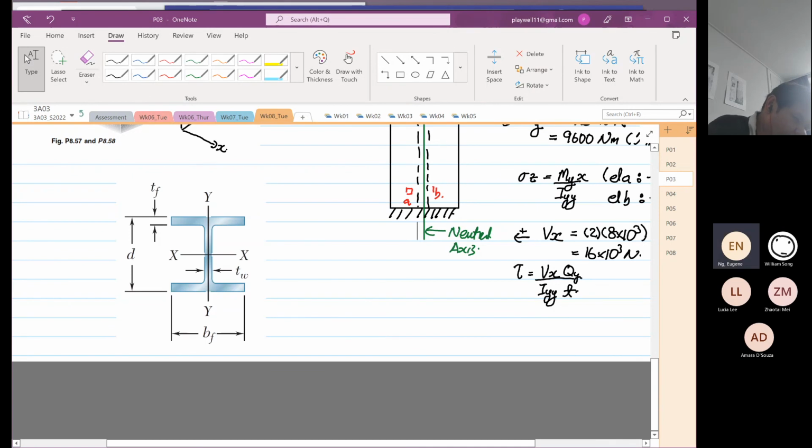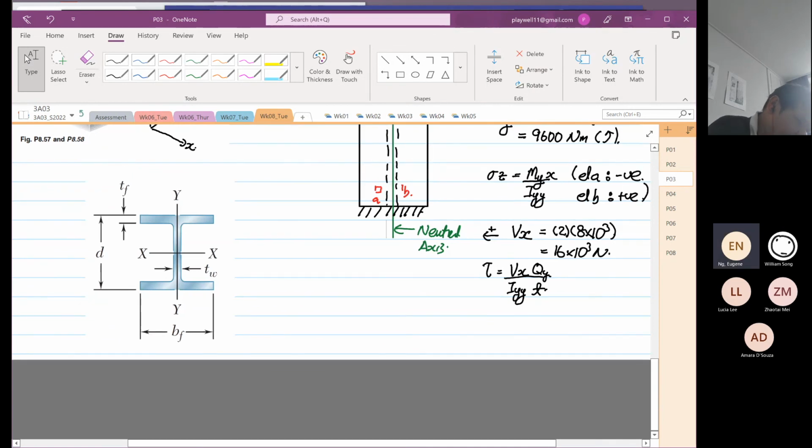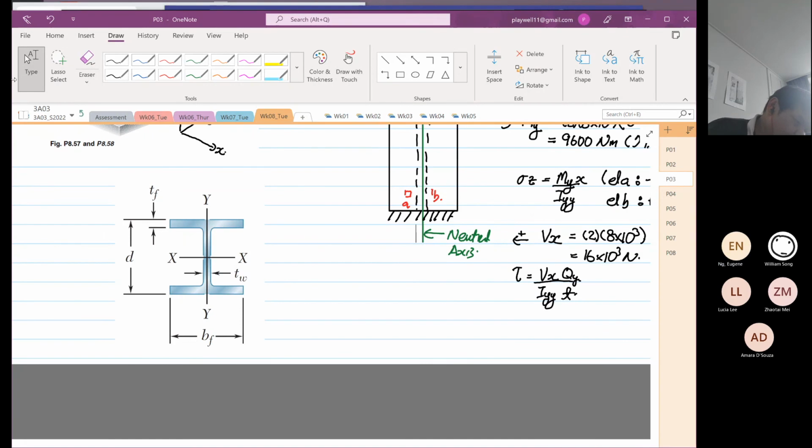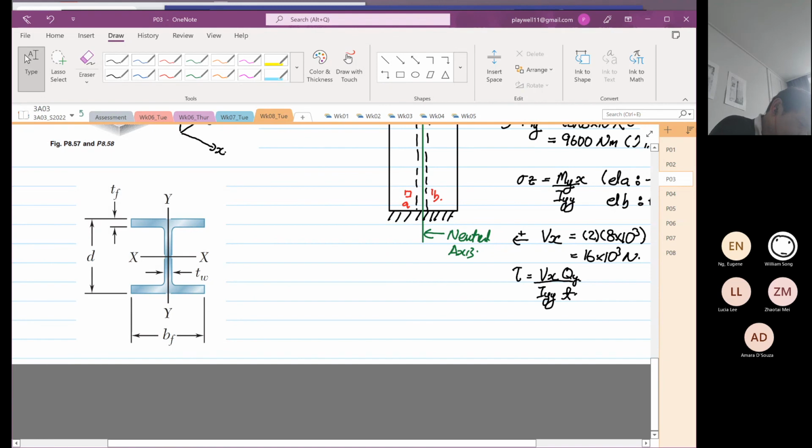So we are going to look at thin wall analysis. This is where our element A is. Over here is where our element B is.